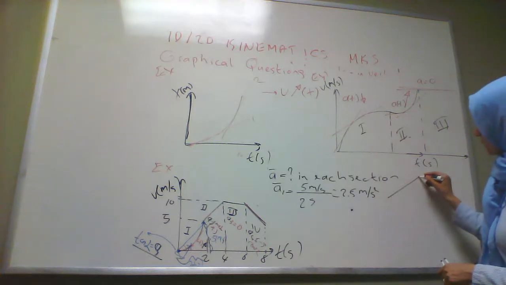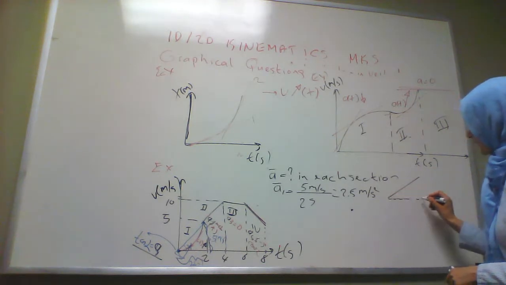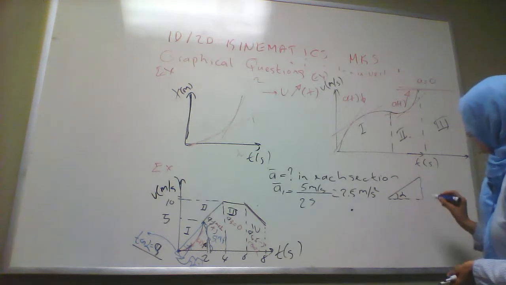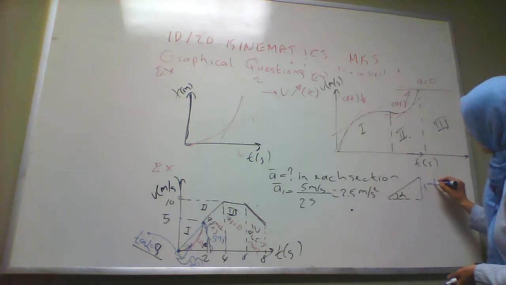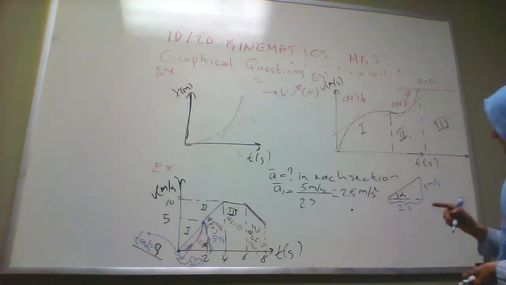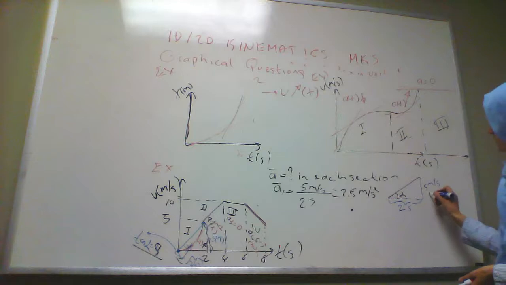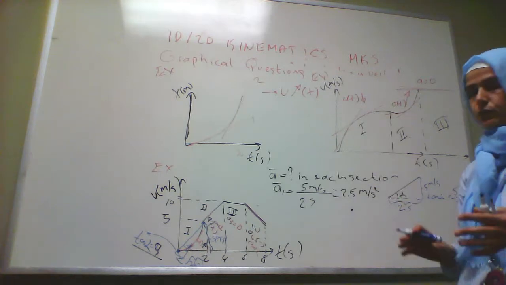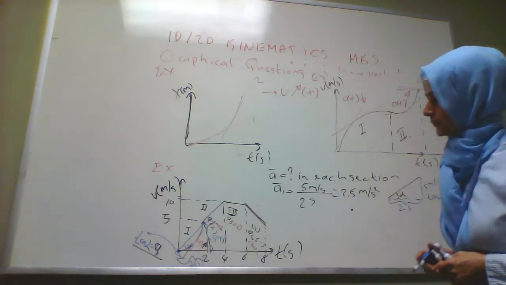Again, we had a slope line. We find tangent alpha. To find that, we look at this distance, which was equal to 5 meters per second, and this distance, which was equal to 2 seconds. Opposite over adjacent is tangent alpha. So 5 meters per second divided by 2 seconds gives us our average acceleration.